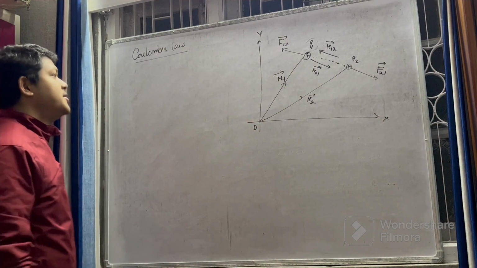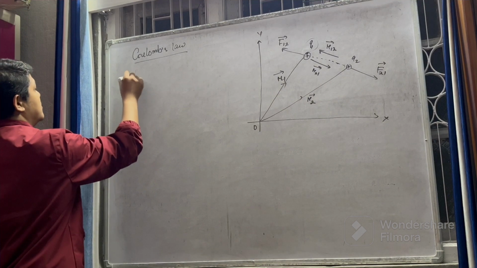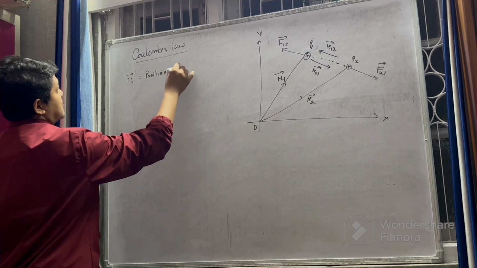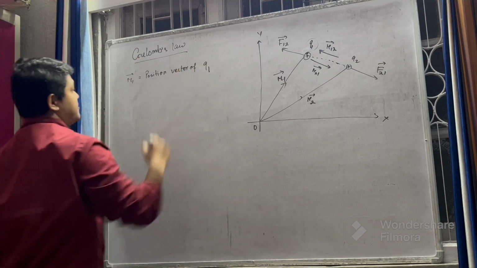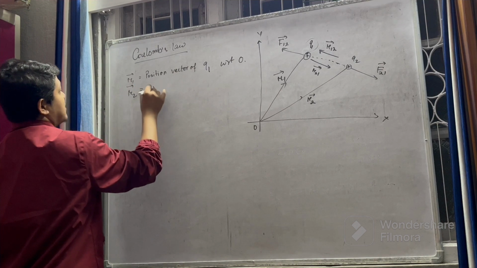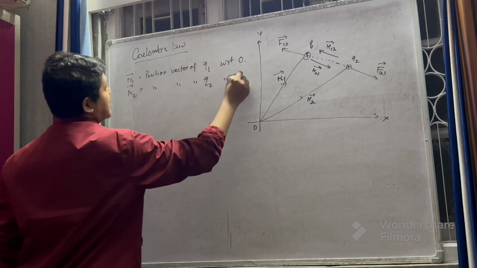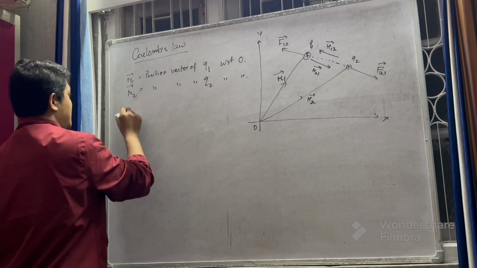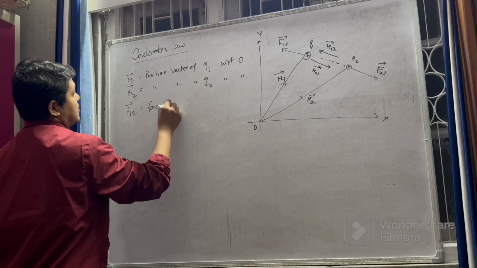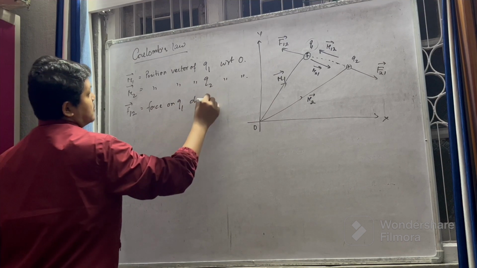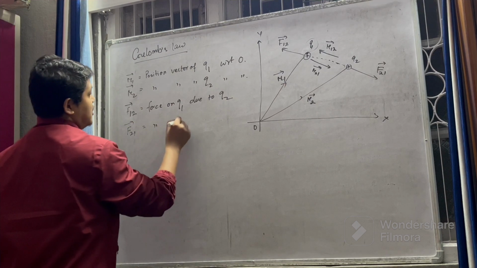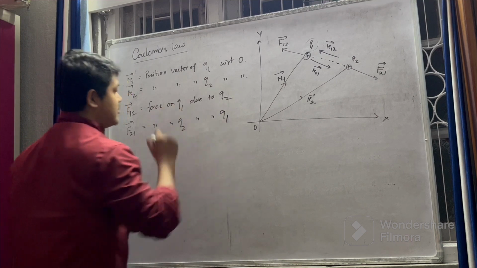and the force experienced by Q2 due to Q1, let it be F21, right? So here you see R1 is the position vector of Q1 with respect to the origin O. R2 is the position vector of Q2 with respect to O. Then F12 is the force on Q1 due to Q2, and F21 is the force on Q2 due to Q1.